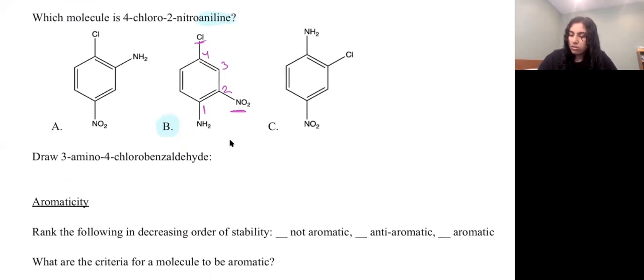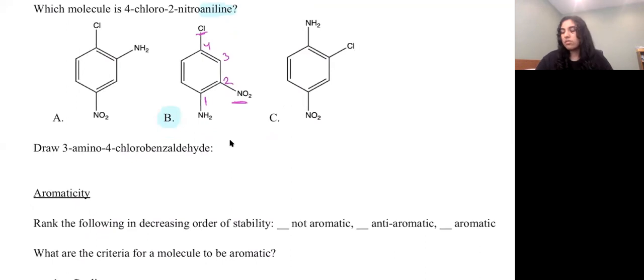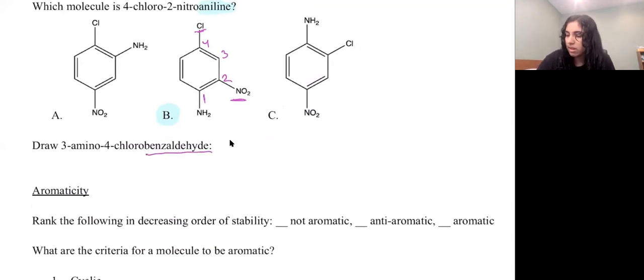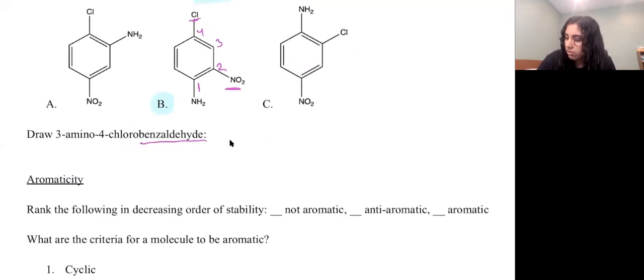Okay, so now it's asking you to draw 3-amino-4-chloro-benzaldehyde. So we start by finding the benzene skeleton, which is benzaldehyde. This one's straightforward, it's just a benzene with an aldehyde on it. So I'll just put it here.